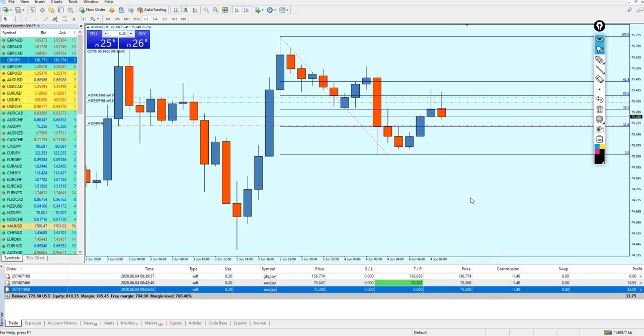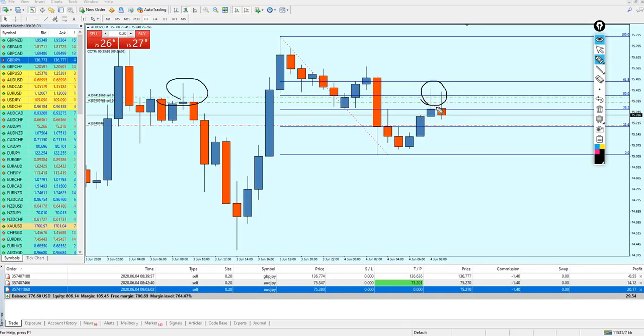I told you, my friends, the pair most likely is going to this level to create the double wicks. As you can see, what I said has really happened. By the way, I was not, of course, 100% sure it's going to happen. It was just instinct, or my analysis, or my expectation. And I told you I was ready for the loss, of course, if the loss is going to be $100.